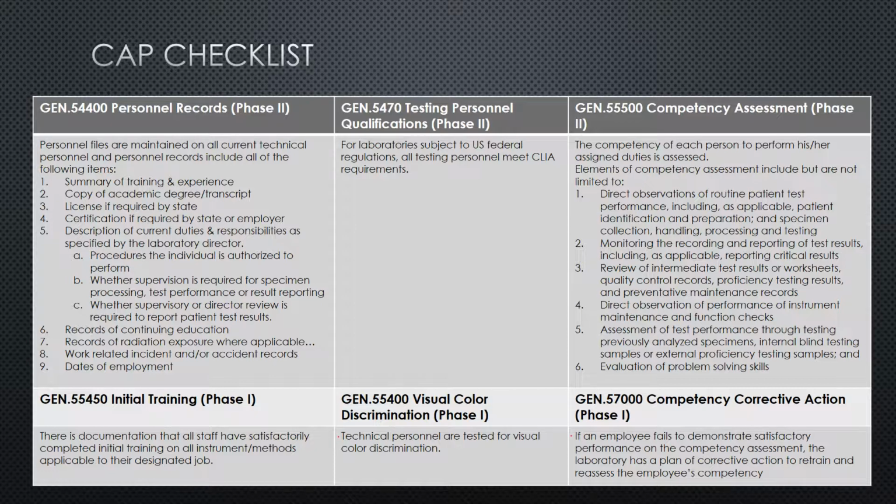If an employee fails to demonstrate satisfactory performance, what corrective action plan do you have put in place? And you move through all of these. The inspector will move through all of these and make sure that you have not just the procedures that state, okay, I have a procedure that states I need all of these things on every employee. Great, you have that procedure. Now let me see what you have on each employee, that you have to prove that you do it.